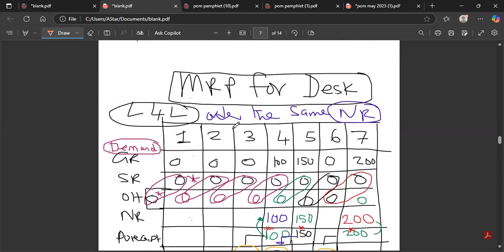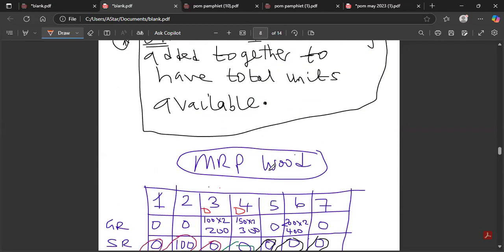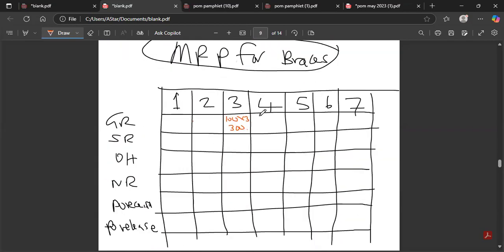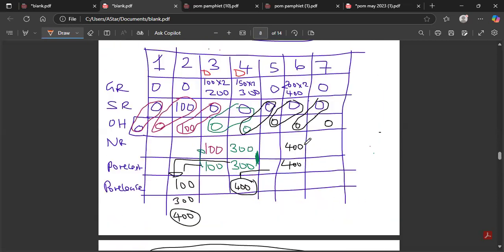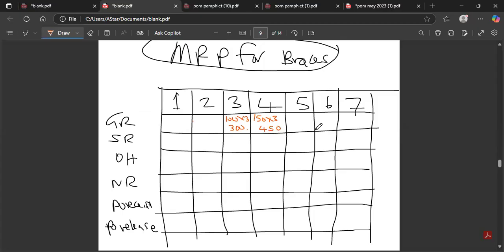Then you go back to the mother here. So 150 by 3. The answer is 450. Then which other one? 200 by 3. So this one will be 200 by 3, 600. The rest of these ones are zeros.